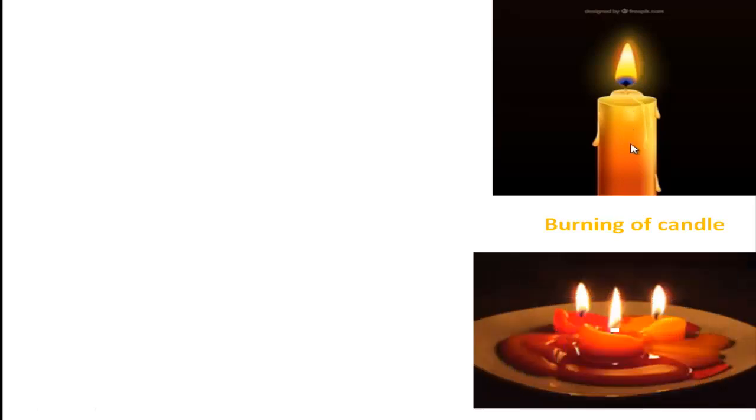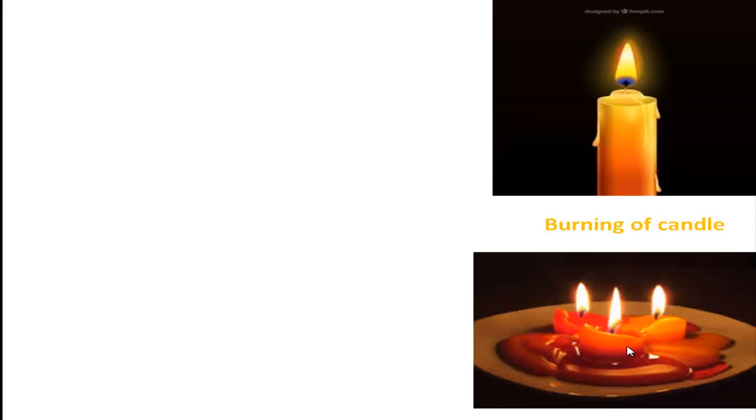You see, the candle is mainly made of wax, and wax is a compound of carbon and hydrogen. When a candle is lighted, some of this wax is melted due to heat. Follow this picture, then it will be more clear to you.